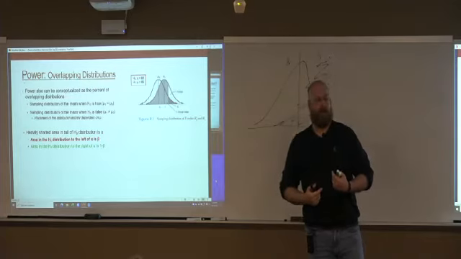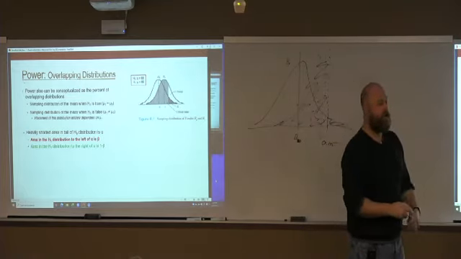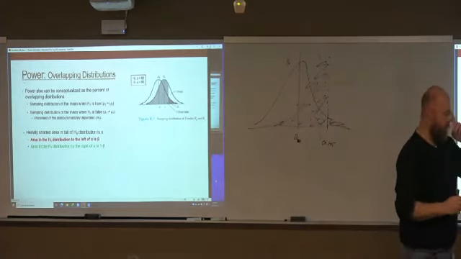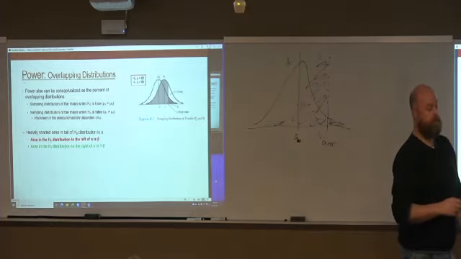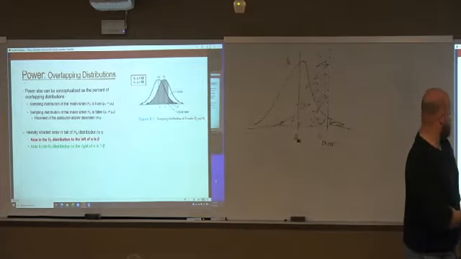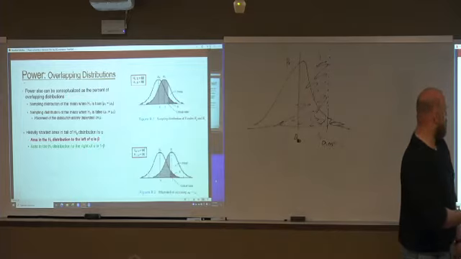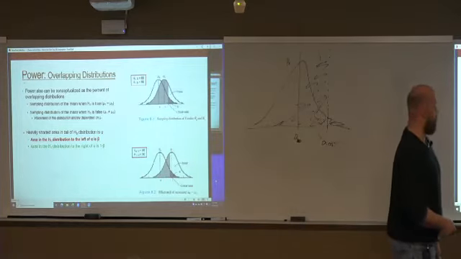Questions about this? I thought I was clear, but I just got a little confused. So the bigger your power, like the white shaded part, the gray part, our type 2 error, is reduced, but we're not looking at the dark shaded part.